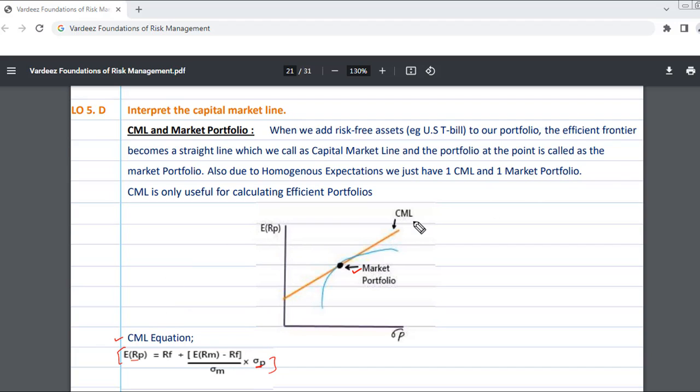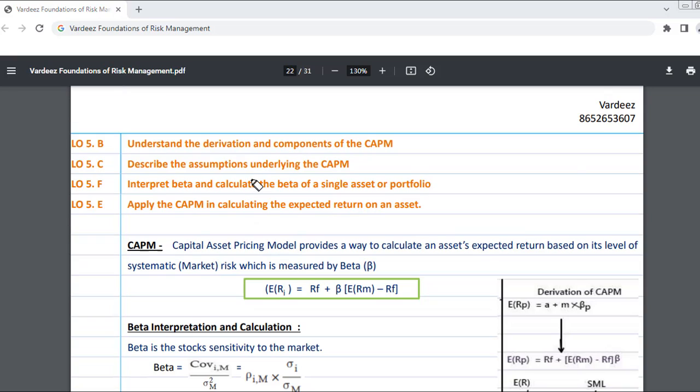But even more important than this CML equation is something known as the capital asset pricing model. Just to let you know the importance of CAPM, you can see there are 4 learning objectives that talk about CAPM. So it's something very important when we are talking about this particular chapter.